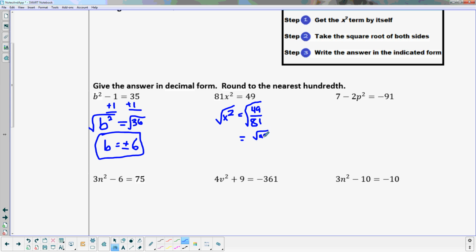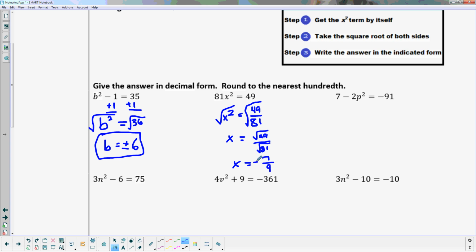So it's the same thing as saying square root of 49 divided by the square root of 81, and the other side is x. When I figure that out, square root of 49 is 7 and square root of 81 is 9.